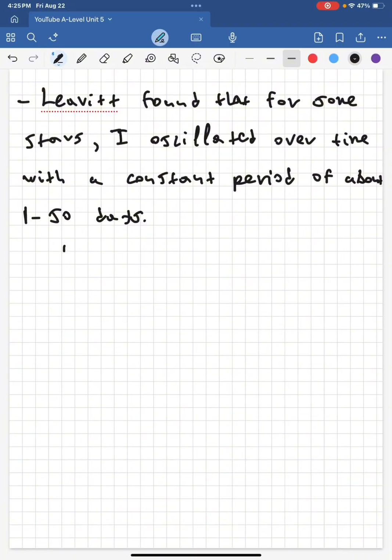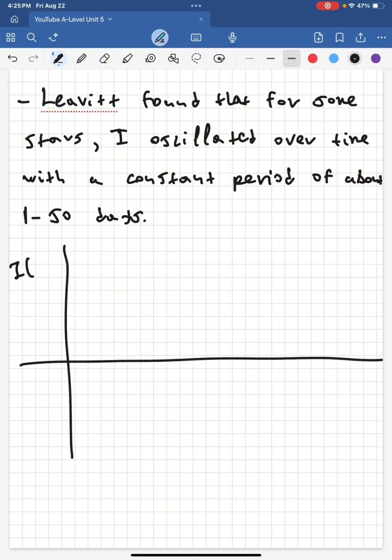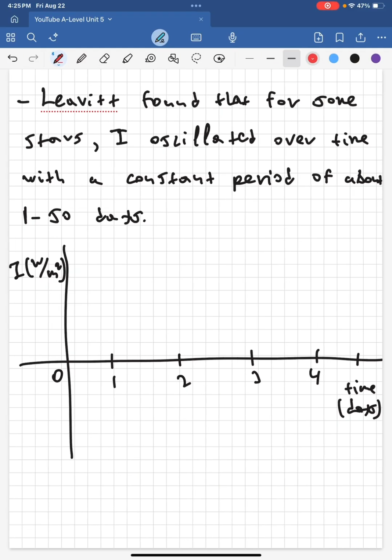Okay, so if you measured this intensity given in watts per square meter versus time, and let's put the time in days, so 0, 1, 2, 3, 4, and so on, she observed something that looked like this, okay?